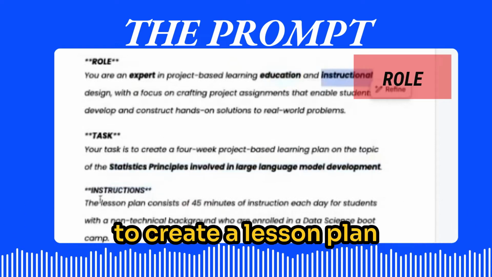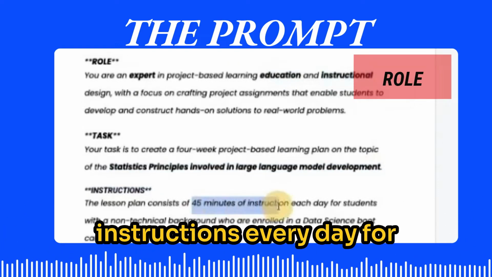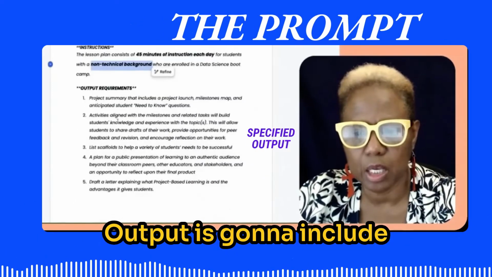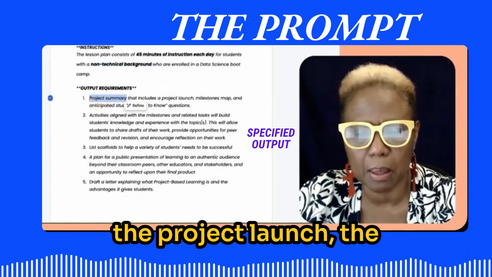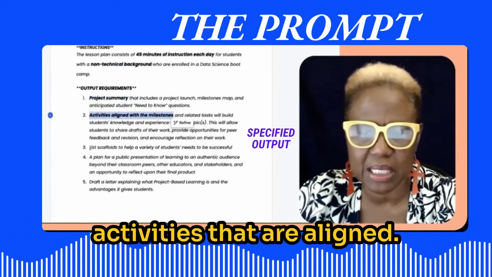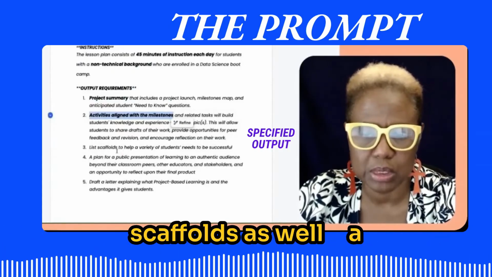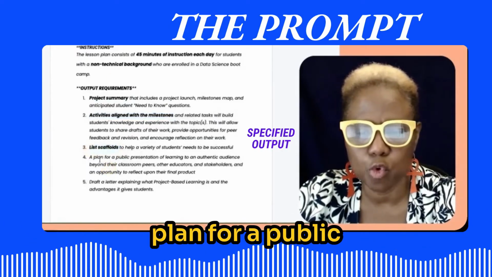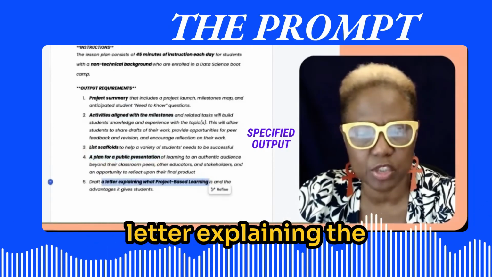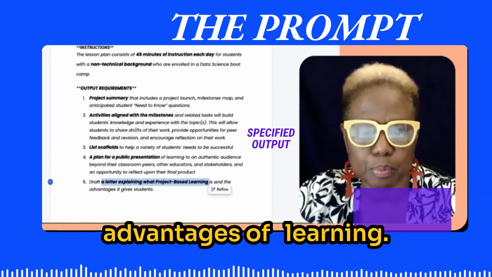Instructions are to create a lesson plan with 45 minutes of instruction every day for non-technical students. Output is going to include the project summary with the project launch, the milestone maps, and each milestone will have the activities that are aligned. There'll be a list of the scaffolds as well as a plan for a public presentation at the end. And finally, I'm asking the model to draft a letter explaining the advantages of project-based learning."